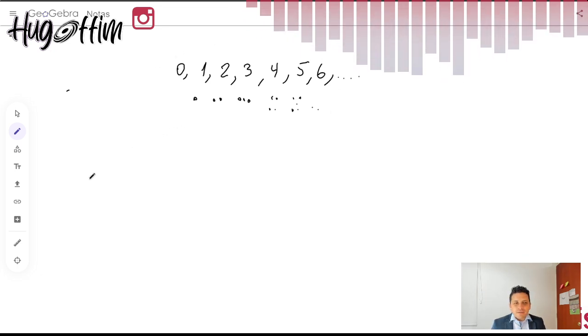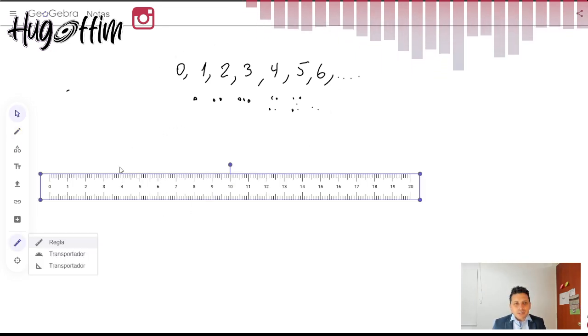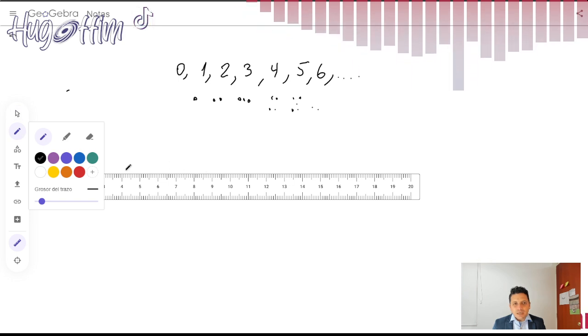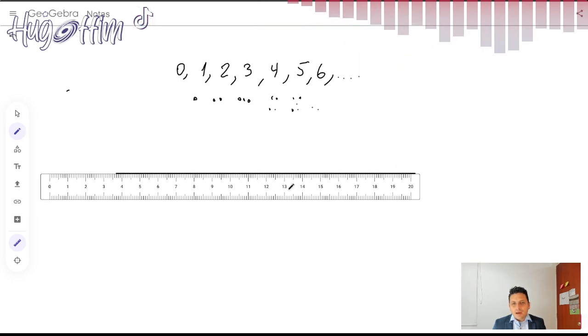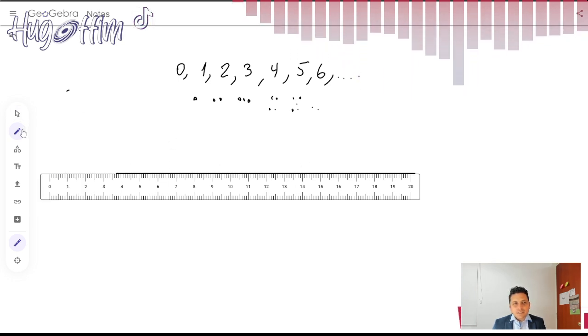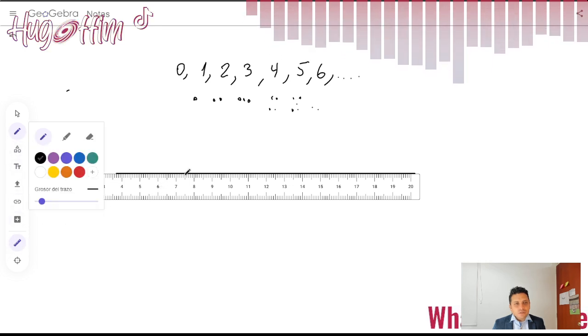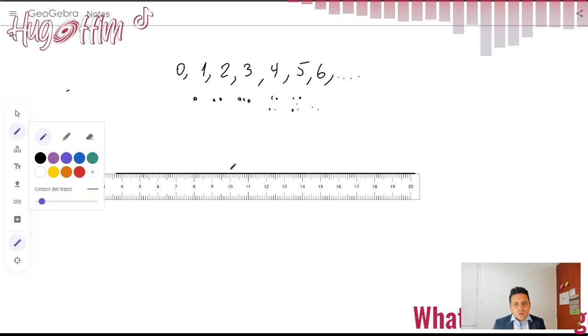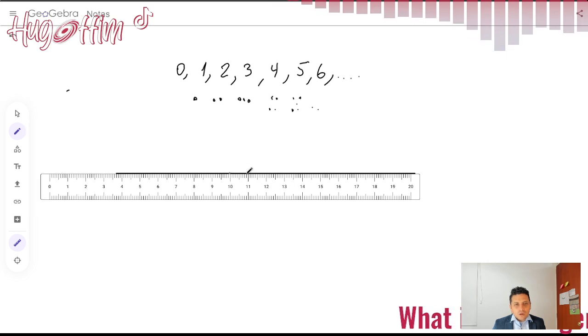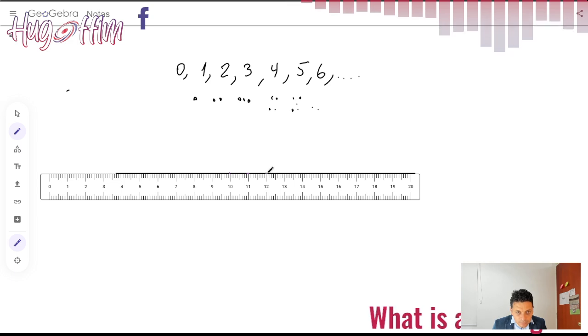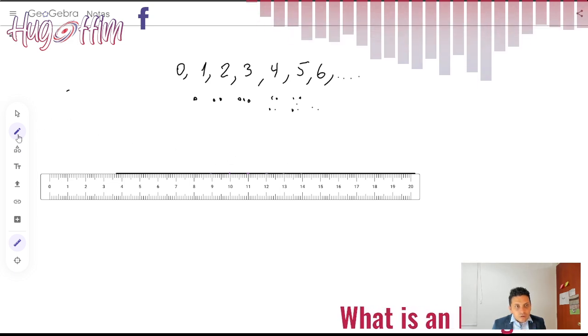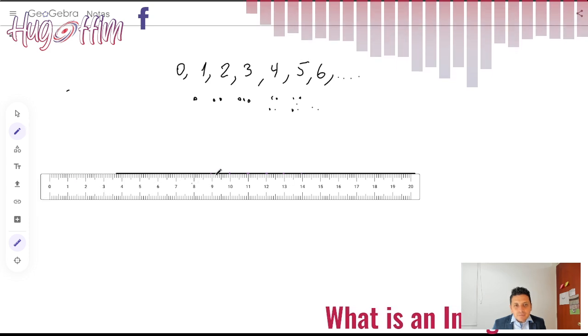Now, what happens if I represent those numbers on a number line? I just need to set some values on the number line.